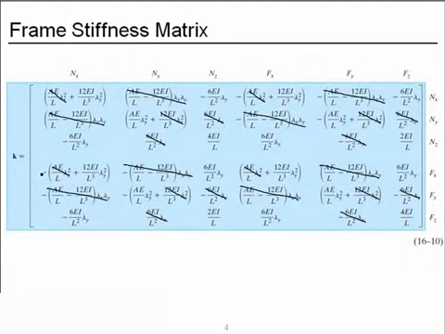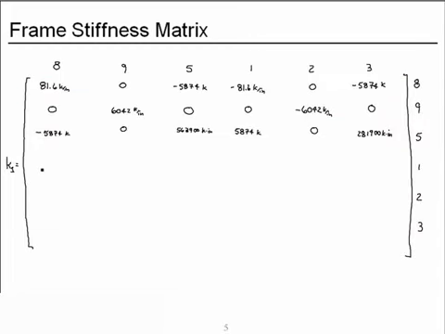Now our fourth row. Our fourth row is identical to the first row, but all signs reversed. Likewise, the fifth row is exactly the same as the second row, but with all signs reversed. So we have minus 81.6 kips per inch, 0, a positive 58.74 kips, a positive 81.6 kips per inch, 0, and a positive 58.74 kips.